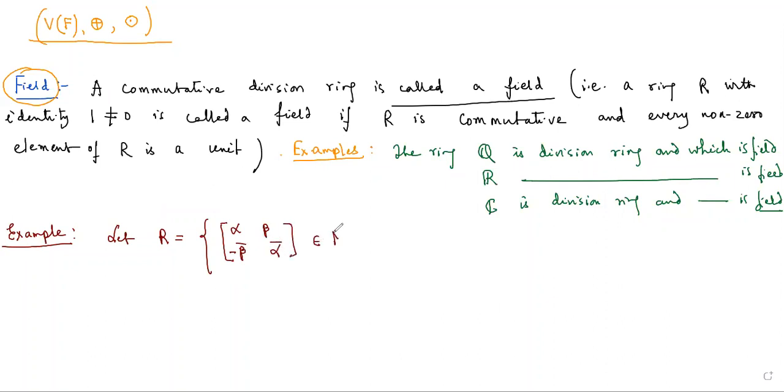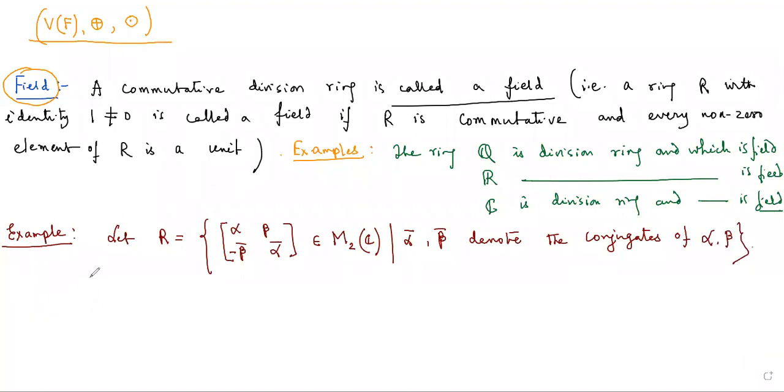This matrix is an element of M2C, the set of matrices of order 2 by 2 whose elements have been chosen from the complex numbers. And alpha bar, beta bar denote the conjugates of alpha, beta.